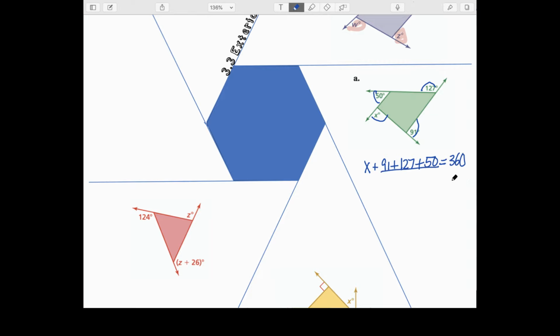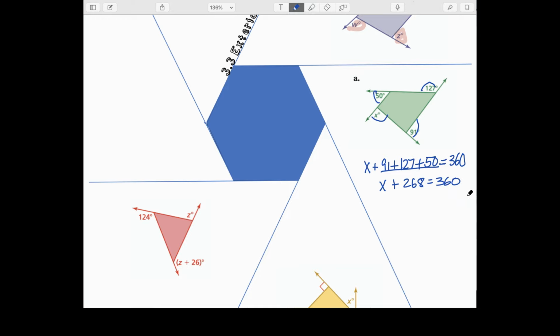I'm just going to add those up. You can use a calculator for that. 91 plus 127 plus 50 equals 268. So X plus 268 equals 360.